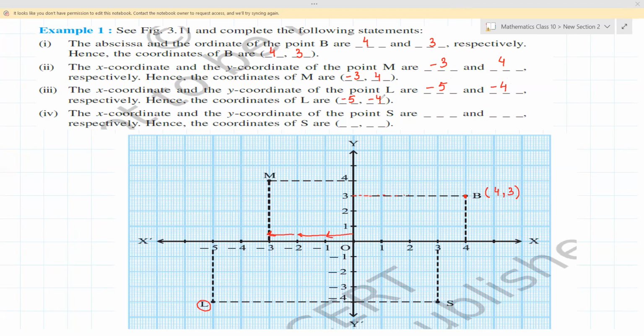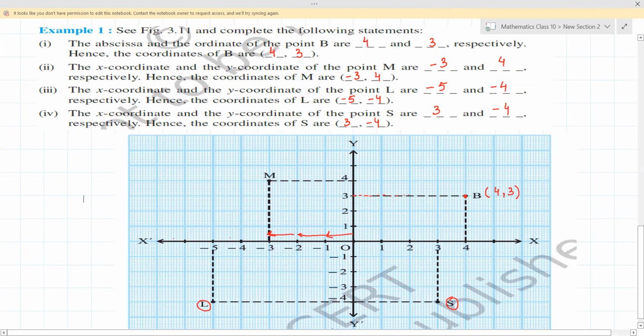Now, Jesslyn, tell me the fourth one, the point S. What is the x coordinate? 3. Okay, y? -4. Very good. So the coordinates are (3, -4). Okay, so I think now you have understood how to plot points, right? Yes, ma'am.